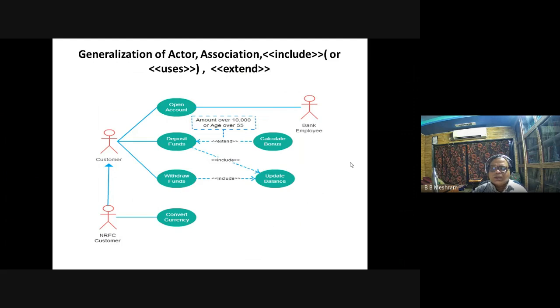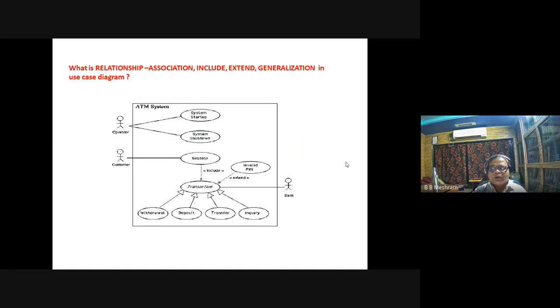So in this case study, you can say that customer is a type of NRFC customer. So this relationship is known as generalization of the actor. Now there is a generalization of the use case also.